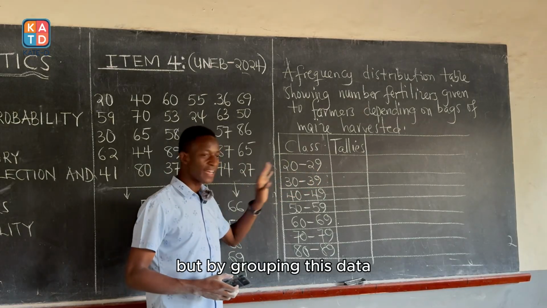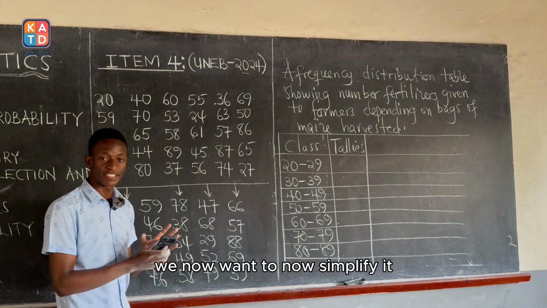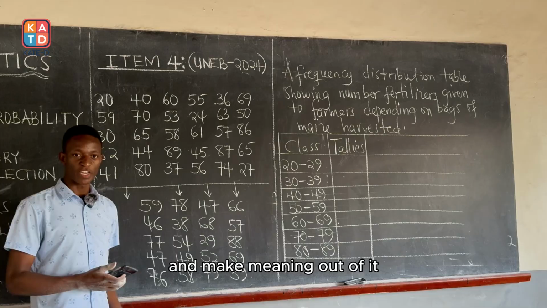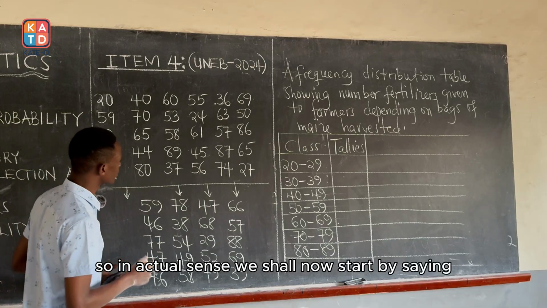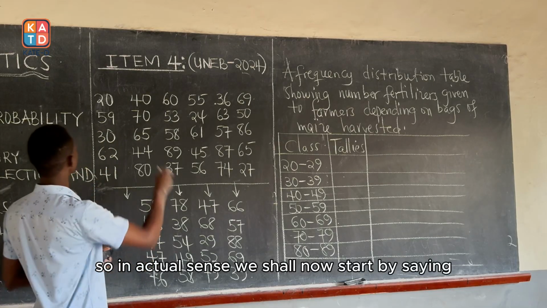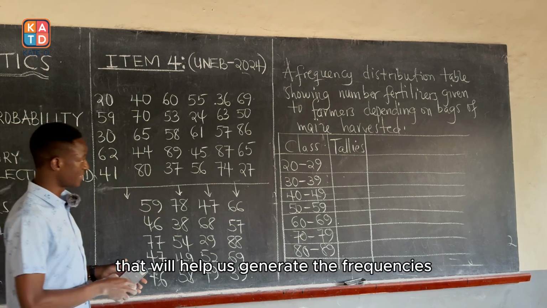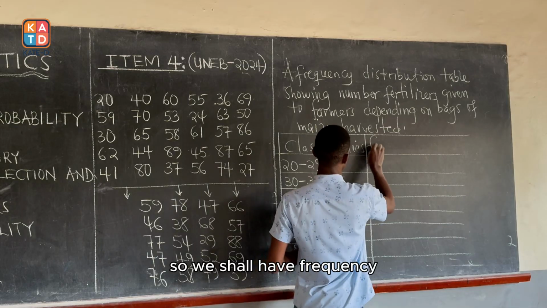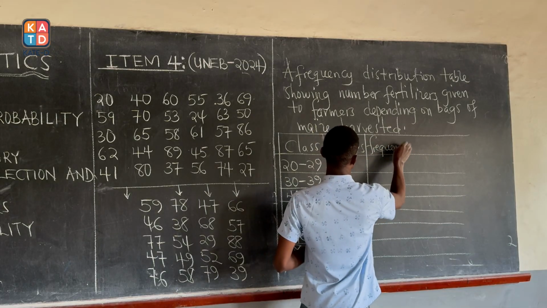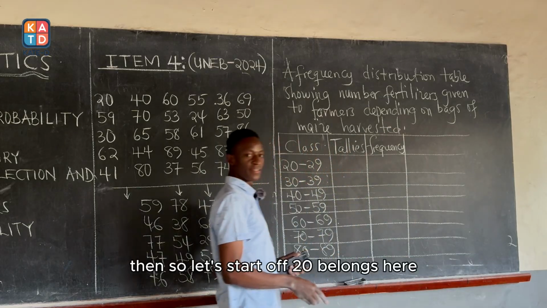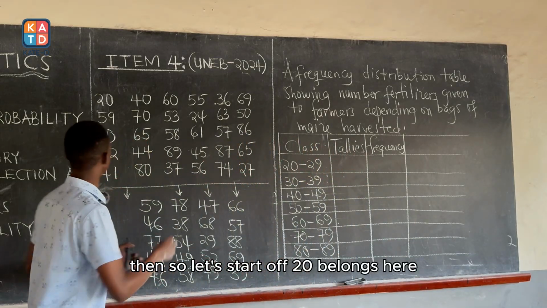But by grouping this data, we want to now simplify it. The simplification will help us to analyze and make meaning out of it. So in actual sense, we shall now start by forming the tallies that will help us generate the frequencies. So we shall have frequency.